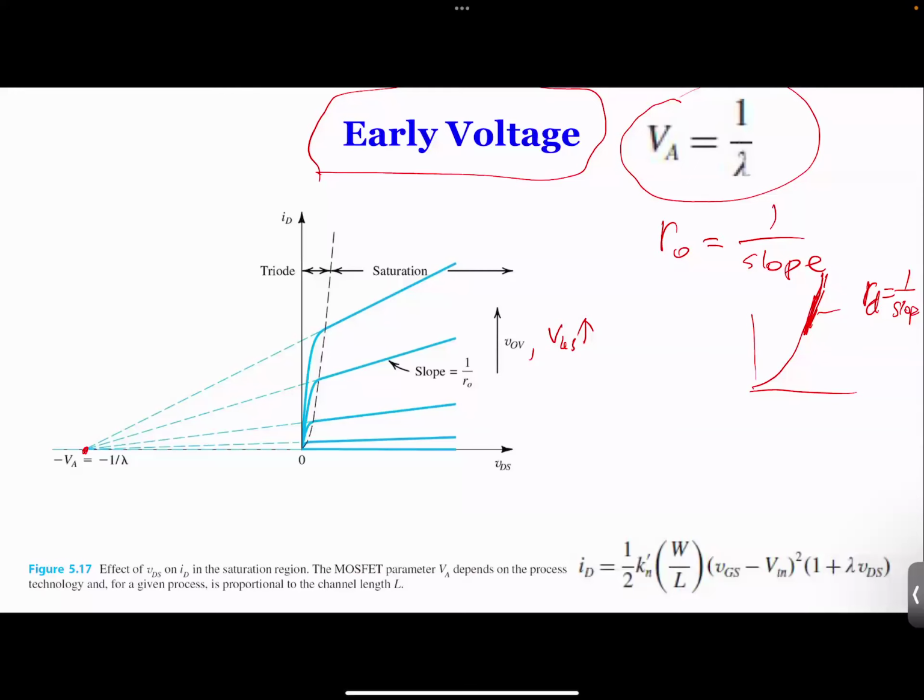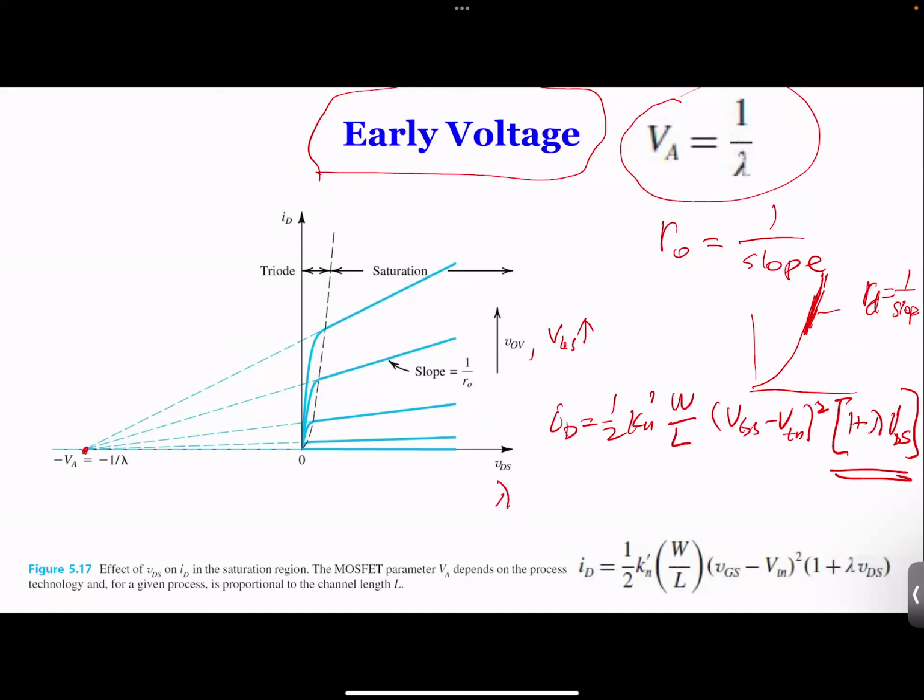How do we express the current? We express the current as a function of the length reduction. The first part is the same, but the current is increased by lambda times VDS. The last part is how much the current is increased.